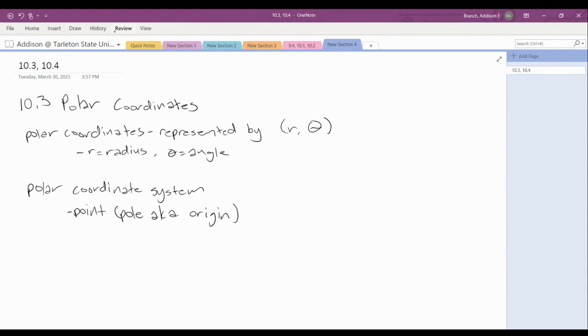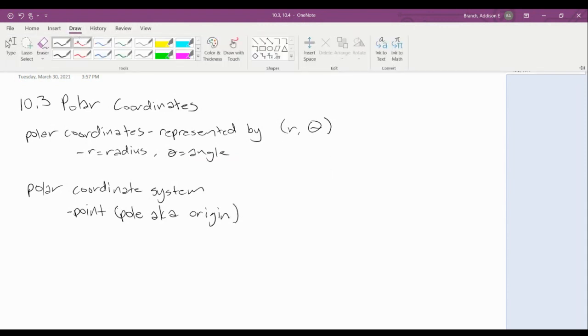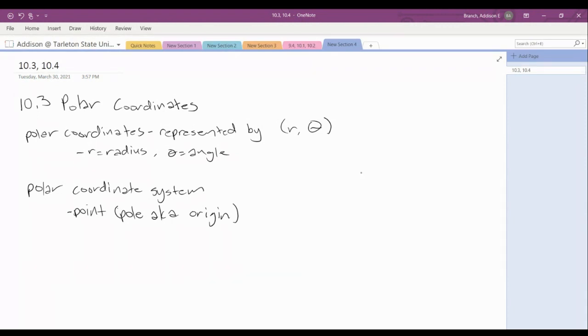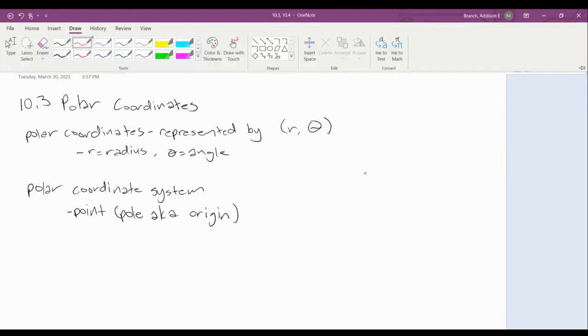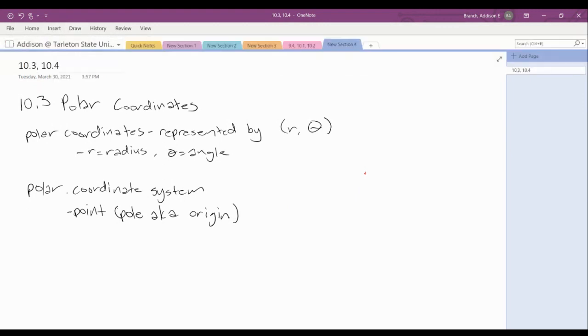So we have our little pole right there in red. Then we create a ray from that point called our polar axis.